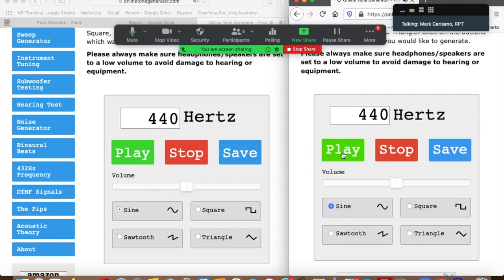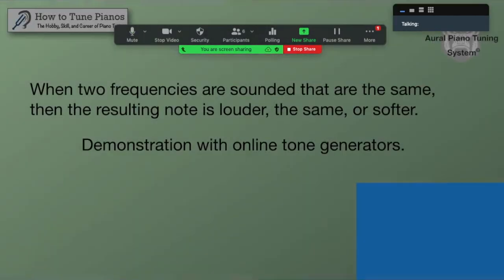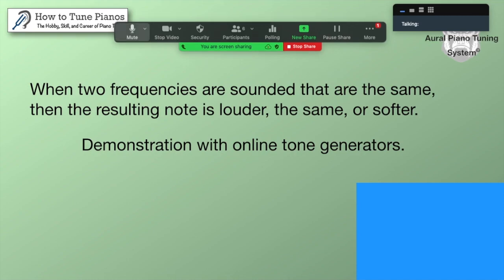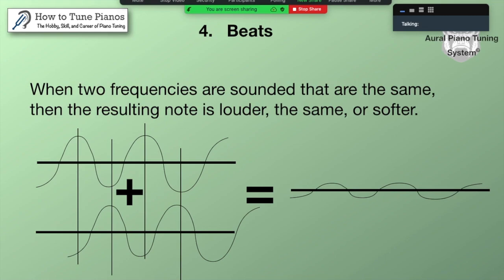And that's because the peaks and the valleys didn't line up. That's what happened on that one. And that can happen sometimes.